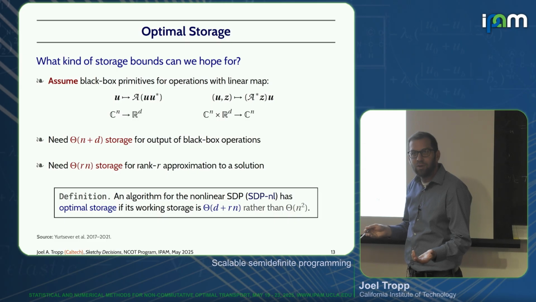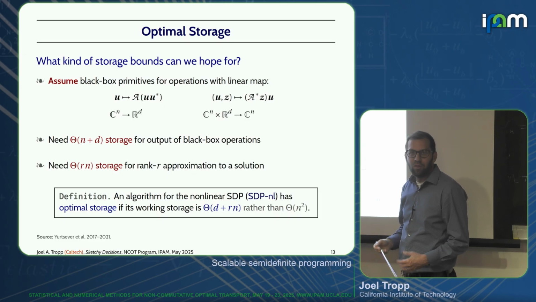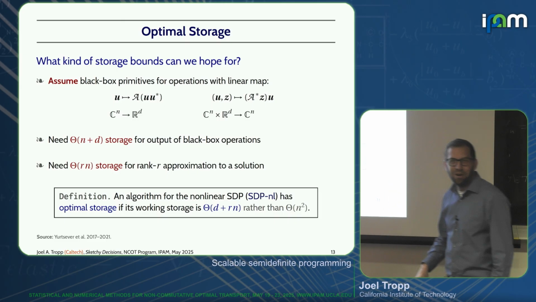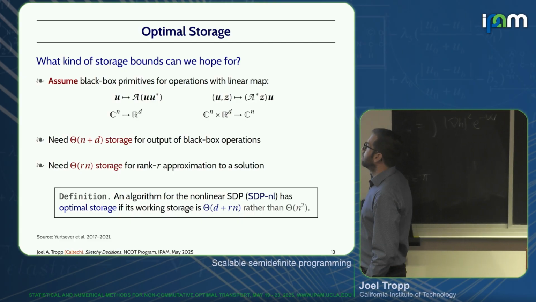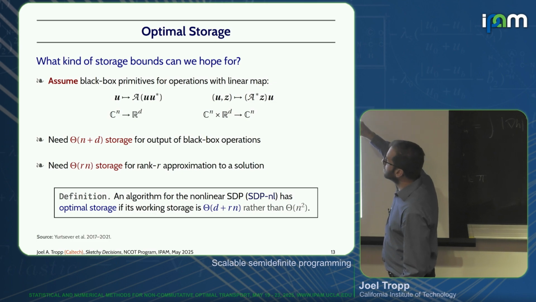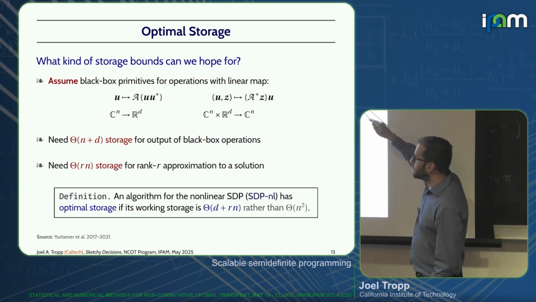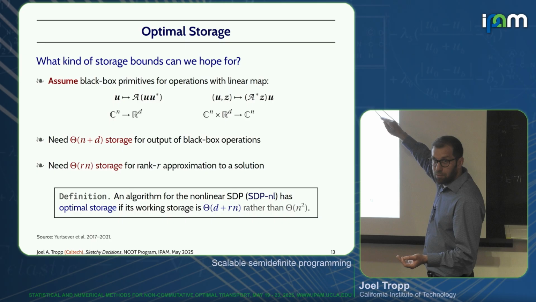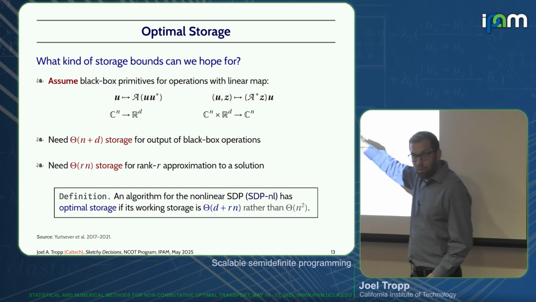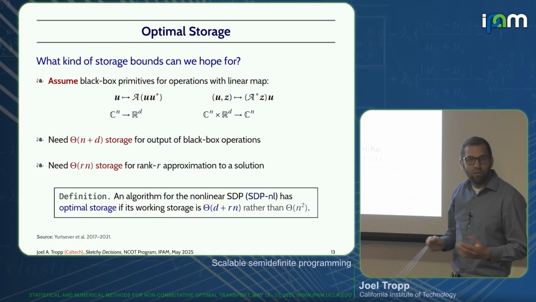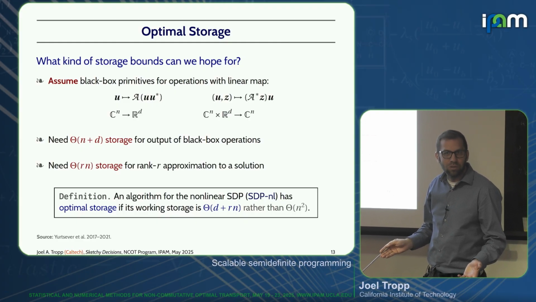Why are these the right primitives? Well, they let you build algorithms. It's not well motivated at this point, but the basic idea is that in a lot of examples, these linear maps are extremely structured, and so we can implement these primitives directly without forming full-size matrices.